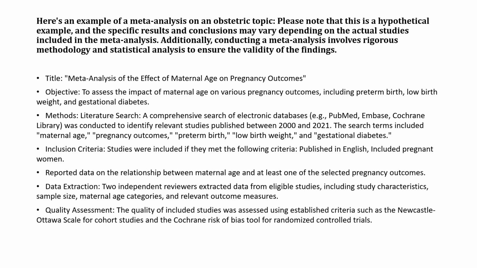And the methods are that, now the way that you collect the data is to do a literature search. So the authors decided that they will do a comprehensive search of electronic databases, for example, PubMed, Embase, Cochrane Review, to identify relevant studies on this topic published between 2000 and 2021. And the search terms included maternal age, pregnancy outcome, preterm birth, low birth weight, and gestational diabetes.